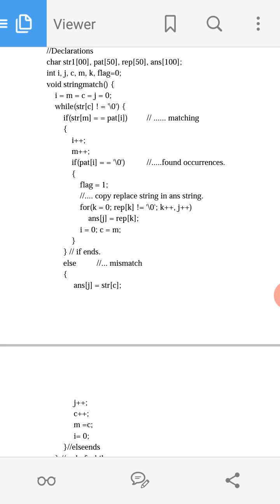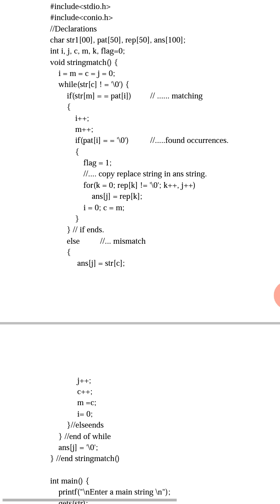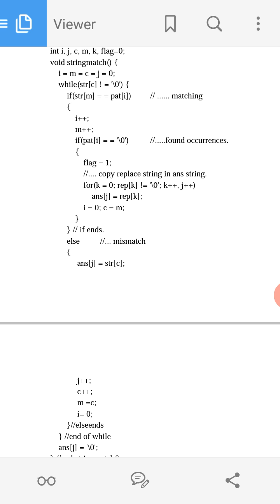assume that your pattern is found, then you need to replace your pattern position by the replacing content. So for that you will copy all the replacing content directly to the answer string, and again you need to start your loop from m, and the position of m will be updated in c, and your main string will start its search for the next available pattern.